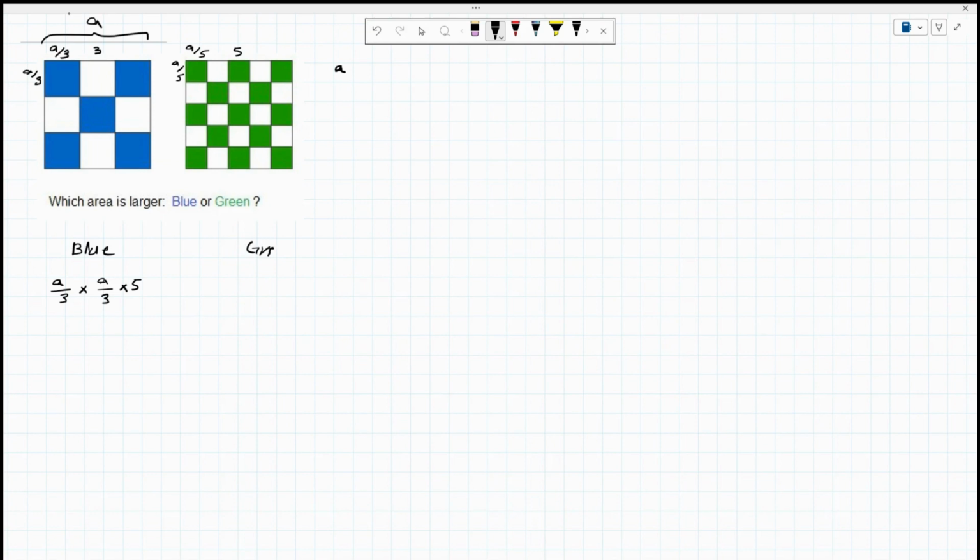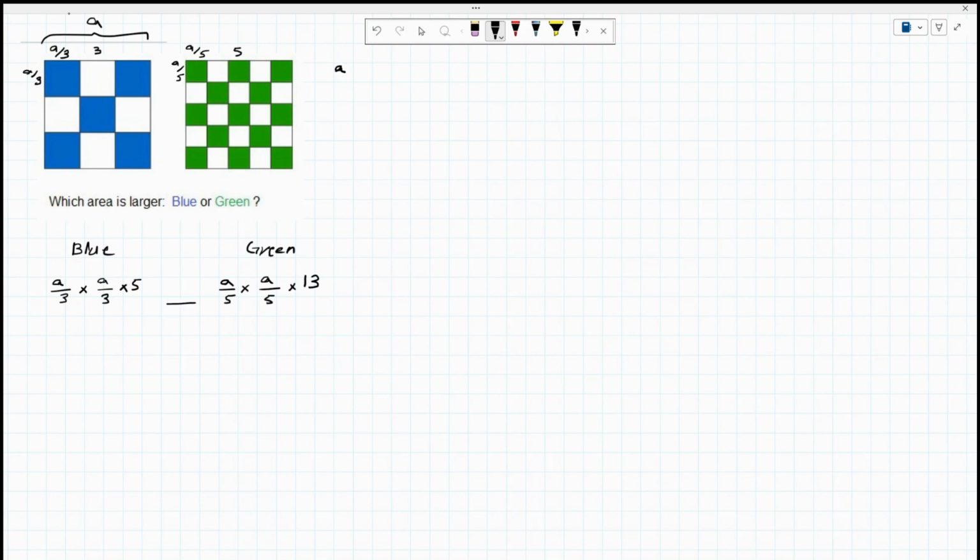And on the right side, which is the green area, the area of one square is a divided by 5 multiplied by a divided by 5, multiplied by, in total we have 13 squares here, so multiply by 13.